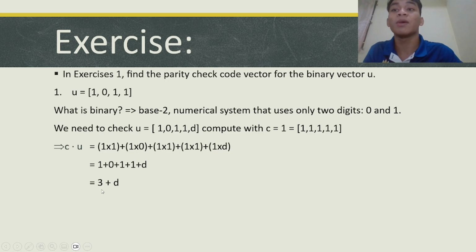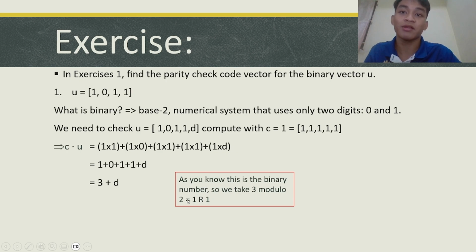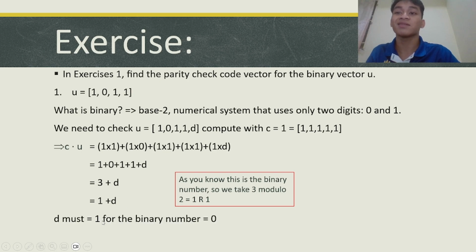So in order to solve this one, we need to take 3 modulus 2, because binary contains only 2 digits. So we take 3 modulus 2 in order to get the remainder 1, and 1 plus D. In order to find the result of this code, the first thing we need to know is D. D must equal 1. Why must D equal 1?